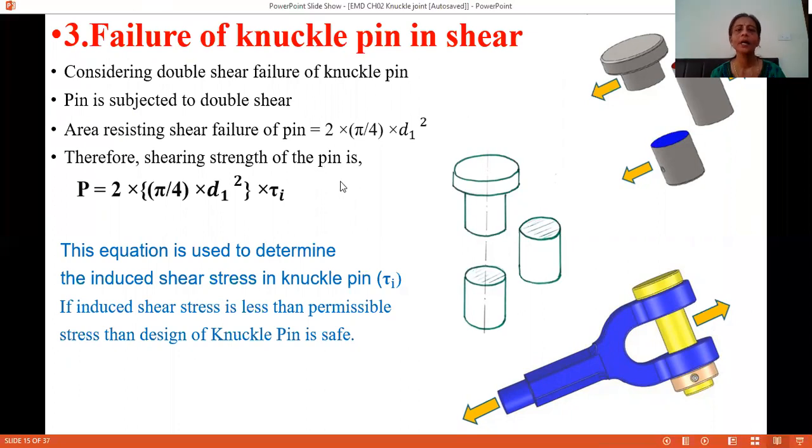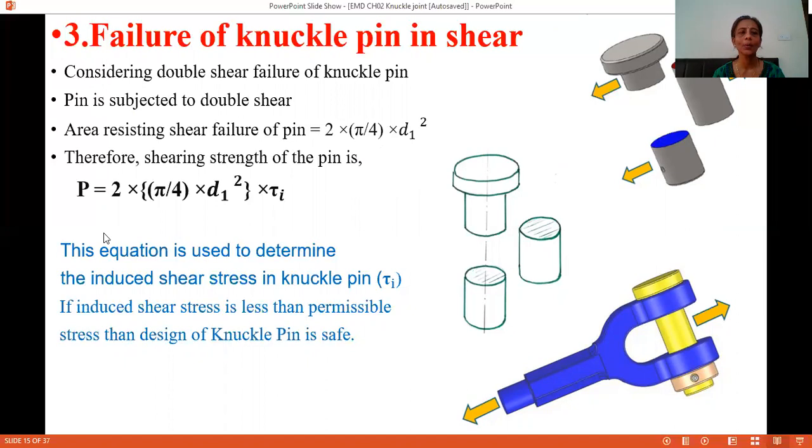Third step is failure of knuckle pin in shear. This portion of the knuckle pin will go along with the single eye and these two will remain in the forked end. As there are two areas of failure, we call it double shear failure. The area resisting failure is given by 2 into pi by 4 d1 square.